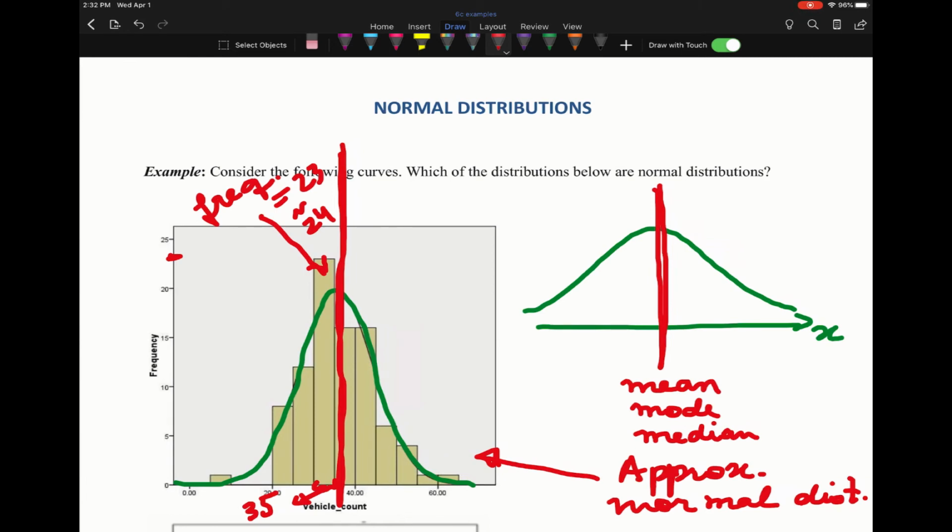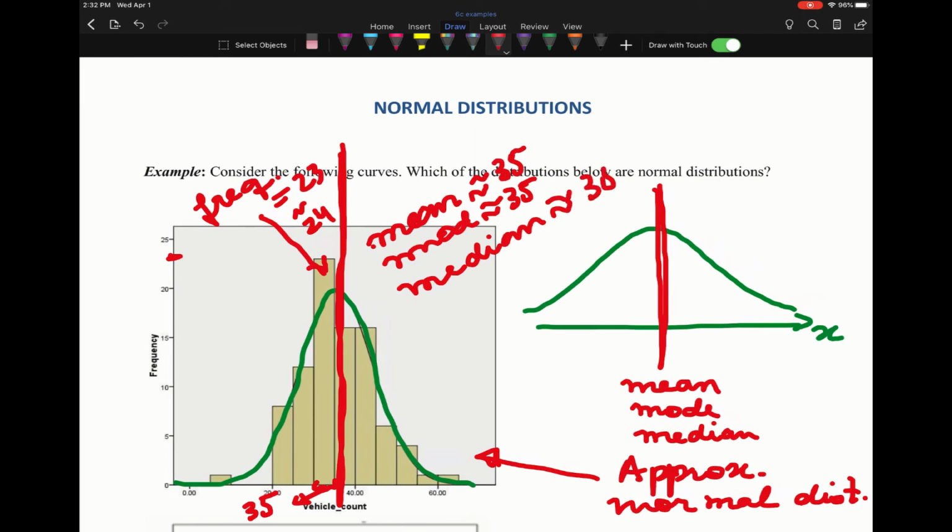Therefore, for this particular example, the mean is approximately 35. The mode is exactly 35, which still corresponds to the center of the data in the graph. And the median is also approximately 35.